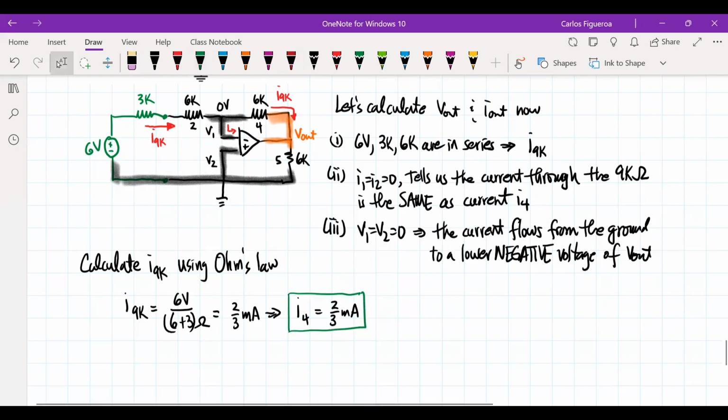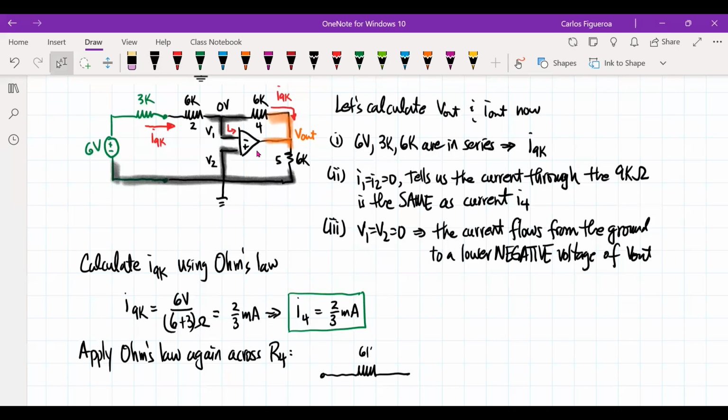So now I'm going to apply Ohm's law again across R4. If you look at that here, note that I really have this resistor, which is my 6K, and this is resistor 4.